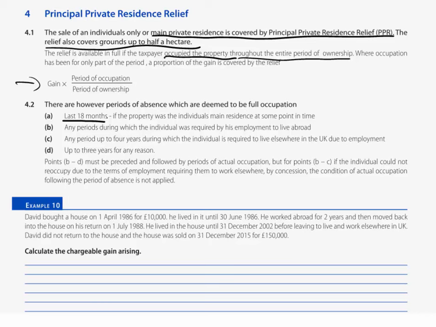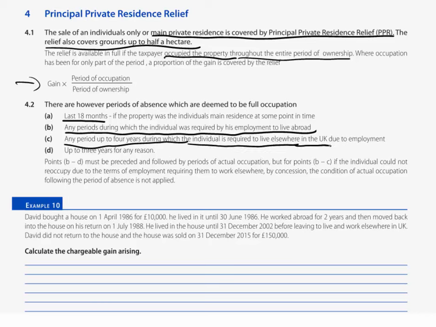Now there is a finite limit. Any period of up to 4 years during which the individual is required to live elsewhere in the UK due to employment. So there we're limiting it to just 4 years for working elsewhere in the UK.